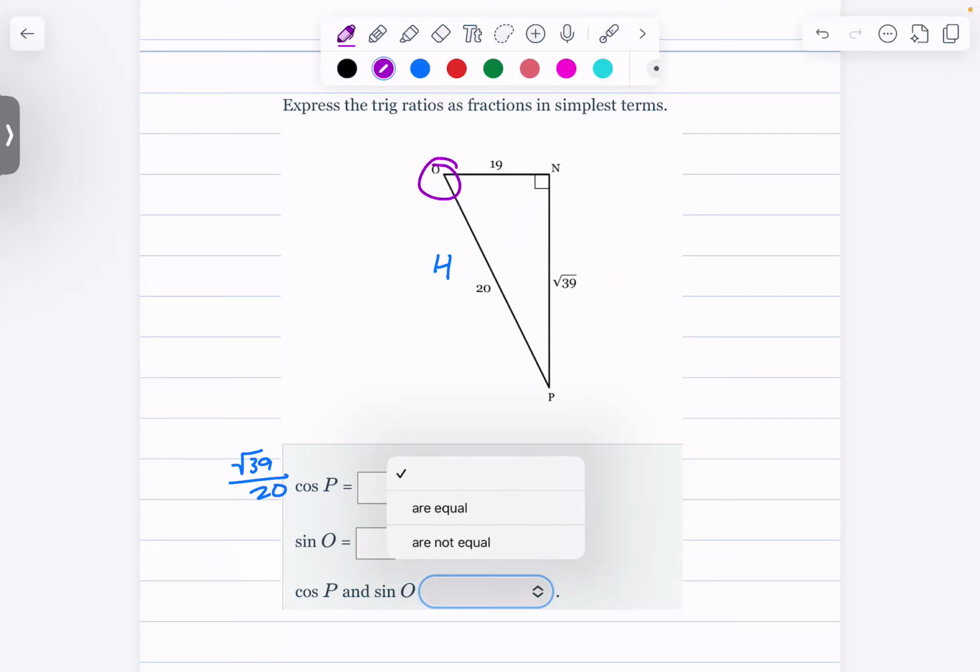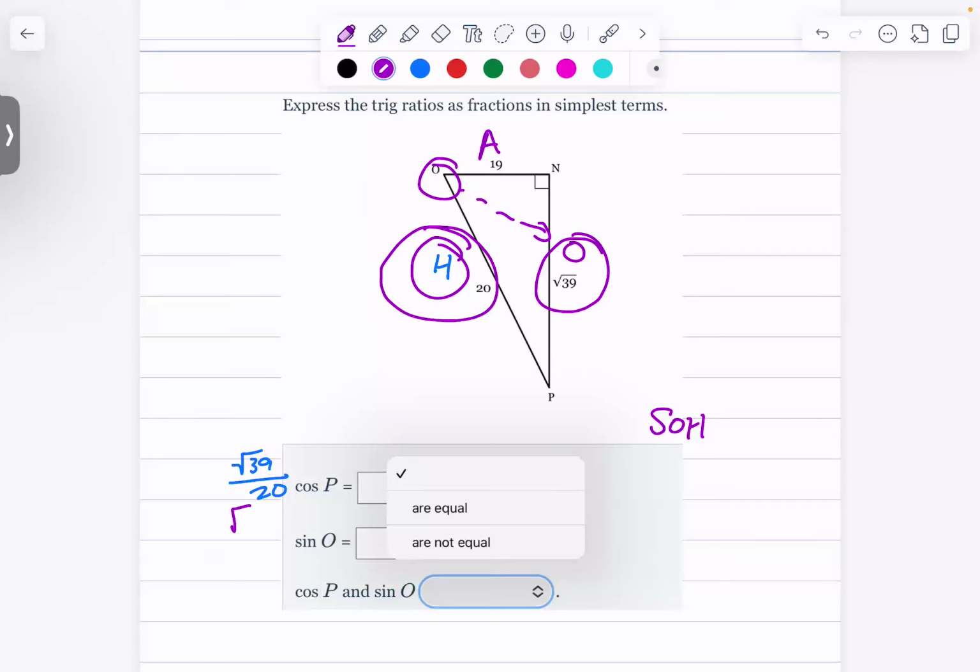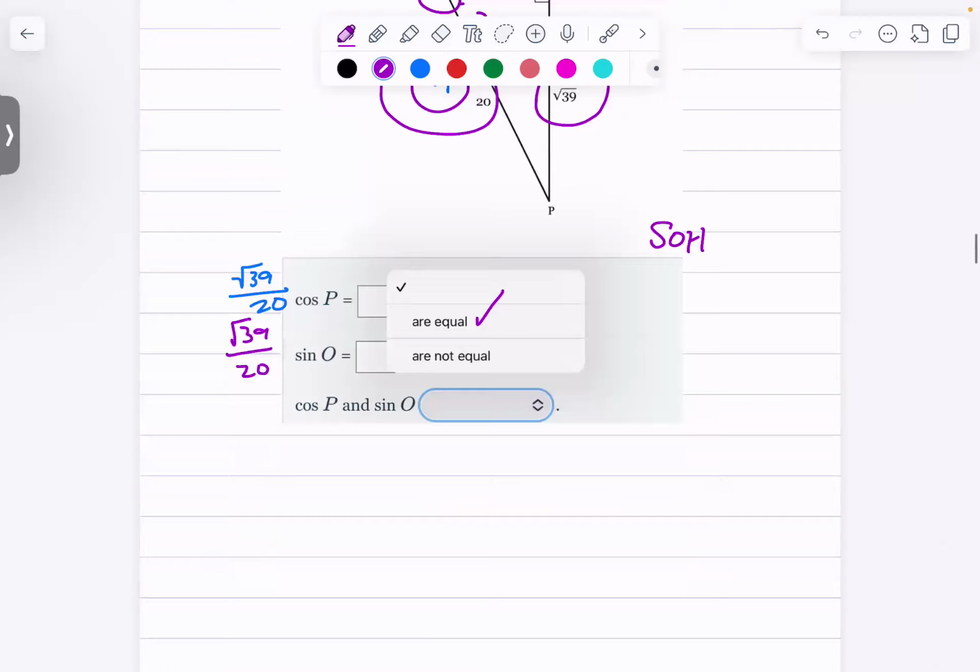The sine of O, this is your opposite side, this is your adjacent side, and your hypotenuse stays the same. So the sine of O is SOH, opposite over hypotenuse, which is the same number, square root of 39 over 20, and they are equal. Simple for now.